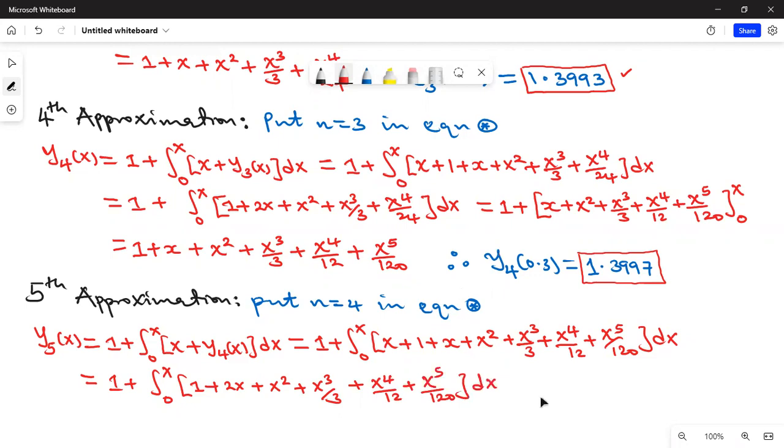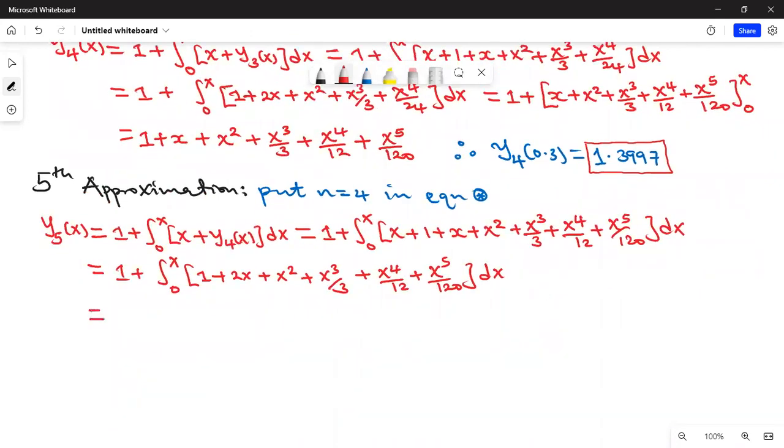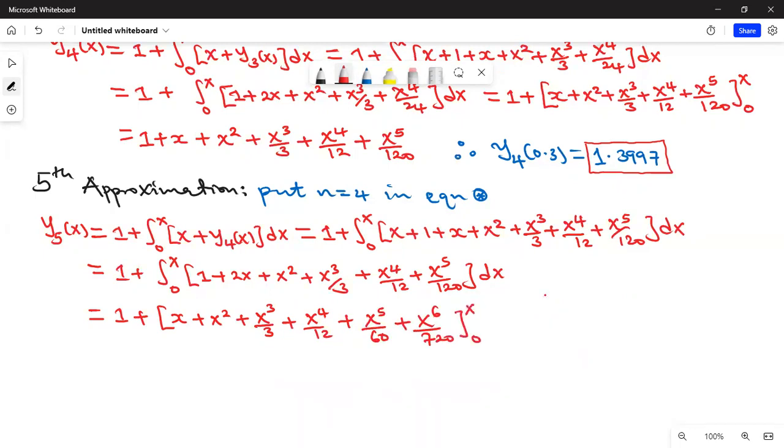And so when you integrate, what are we going to get? This will give us 1 plus, this integral is the same as x plus x squared plus x cubed over 3 plus x raised to 4 over 12 plus x raised to 5 over 60 plus x raised to 6 over 720, from 0 to x.